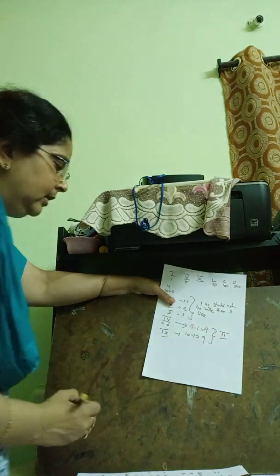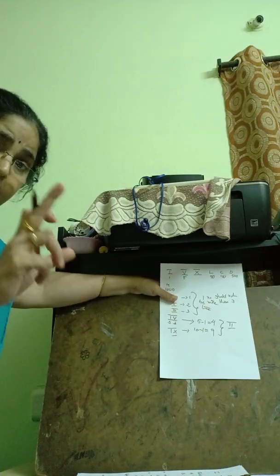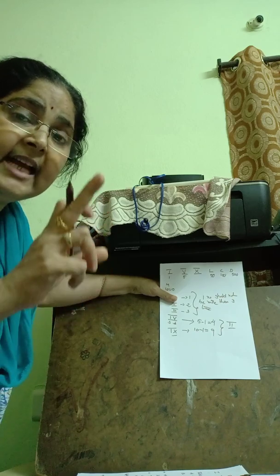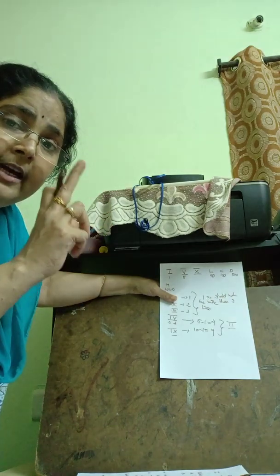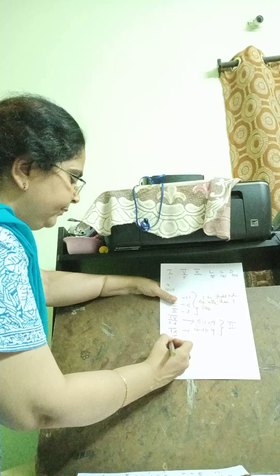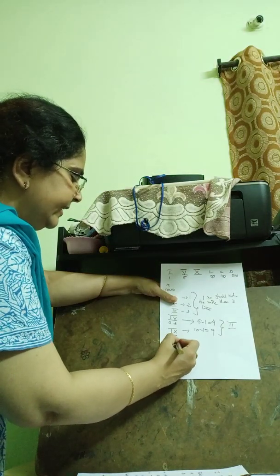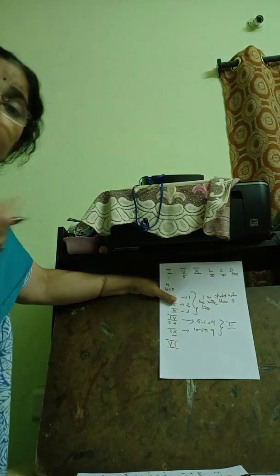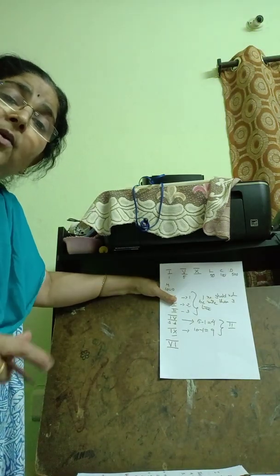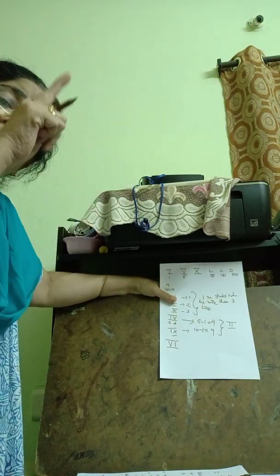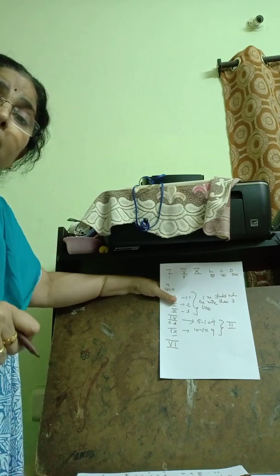Now we are going to learn the rule number 3. Children, now you are in which class? 6th standard. So how you are going to write it in the Roman numerals? See. 5, 1. This is 6. How it has become 6? Now here the rule number 3 applies. What is the rule number 3?